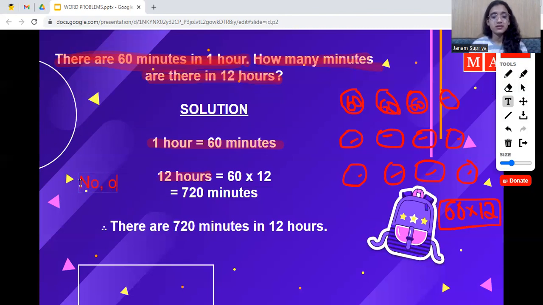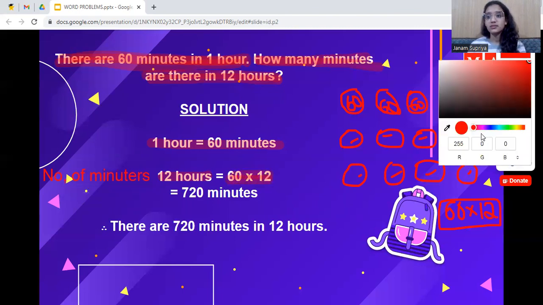We are finding the number of minutes in 12 hours. Then for that we have to do 60 into 12. Let's check what comes out when we multiply 60 with 12.